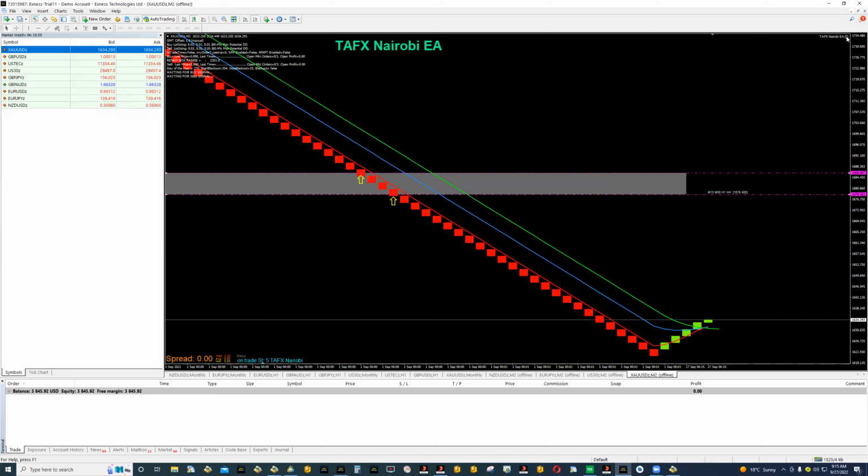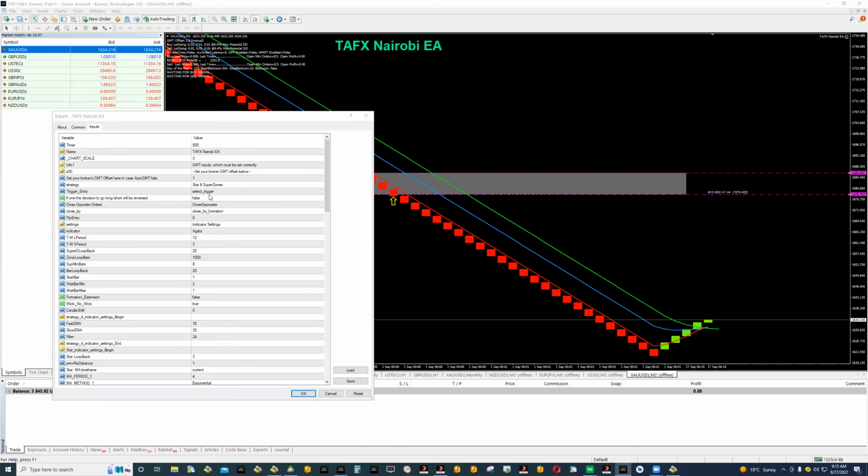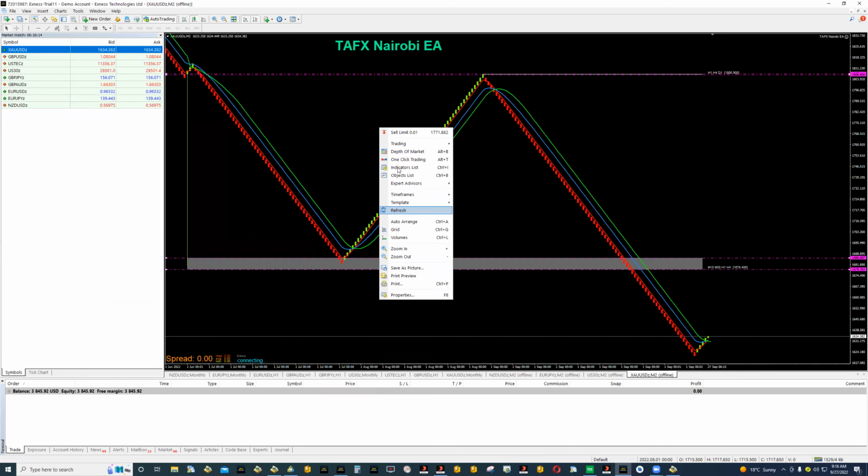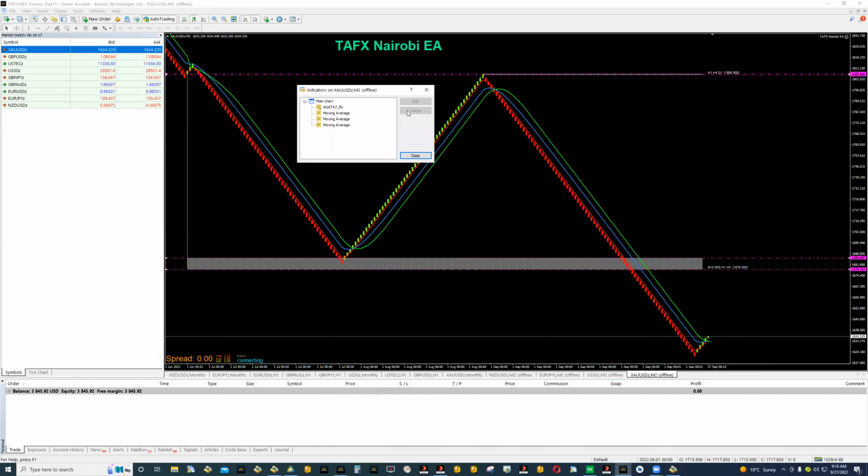If we say, for instance, we don't want Agatha, we want to work with the Superzone, where is this indicator? Let's go to our indicator here. You just select Superzone. After selecting the Superzone, click somewhere outside, then click OK. All we need to do now is to delete the Agatha.